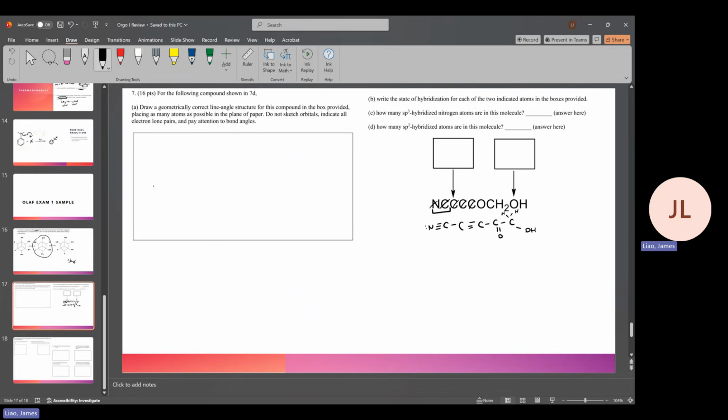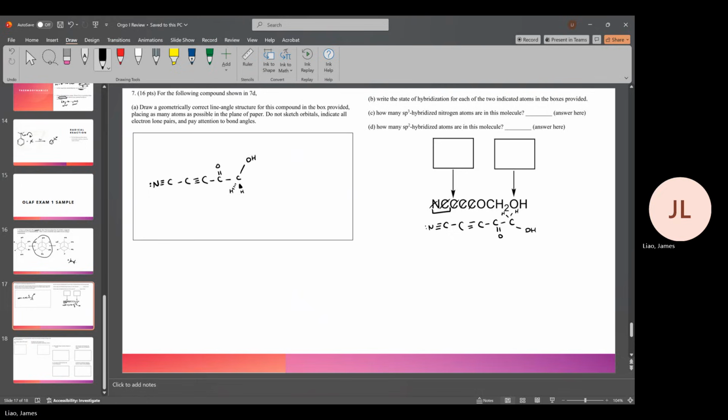So we have a nitrogen right here, the lone pair, triple bonded to a carbon, then single bonded to a carbon, and then triple bonded to a carbon, then single bonded to a carbon, and then it's going to be double bonded with an oxygen, then a carbon, and I'll put my dashes and wedges for my two hydrogens, and then an OH.